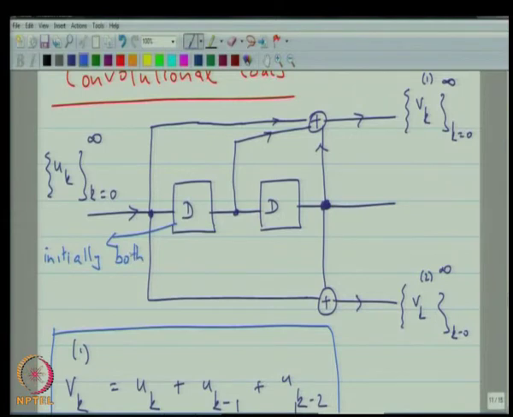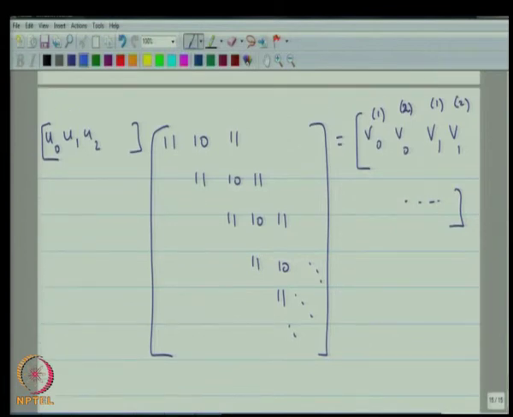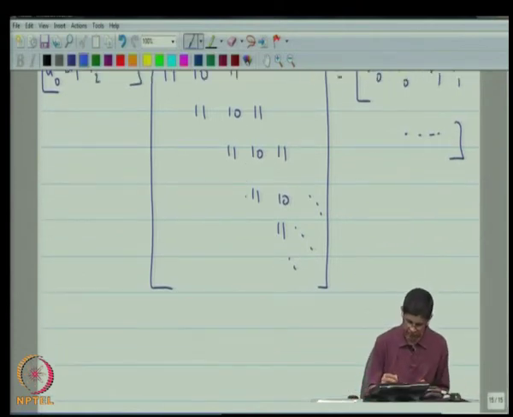So both these registers are initially set to 0. So that is your initial conditions. Then you can verify that your output symbols are related to the input symbols like this, but this is not very convenient, again because it is semi-infinite. So the more appropriate, so let me just call this the semi-infinite generator matrix.